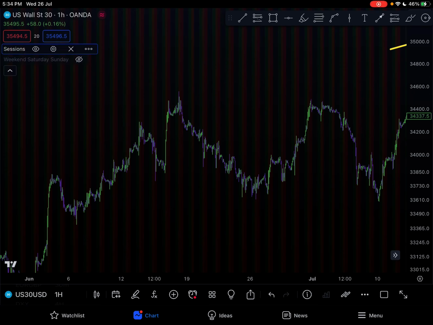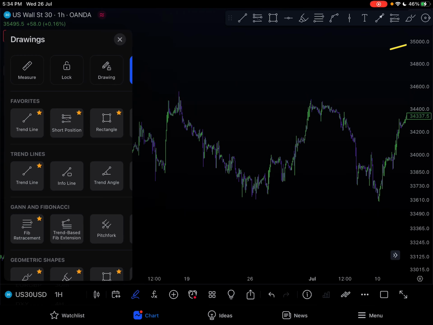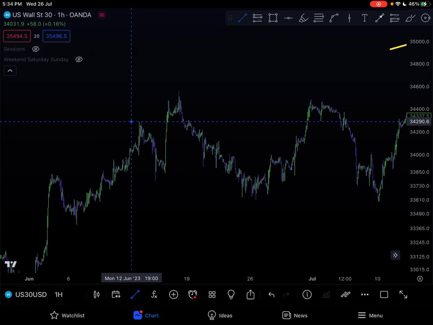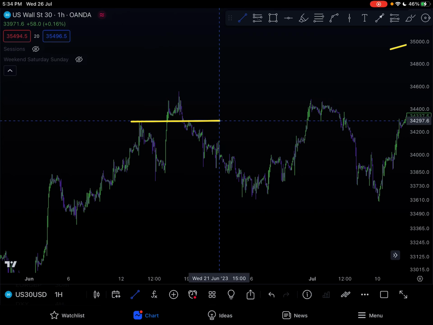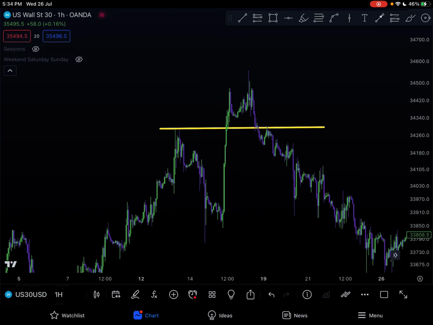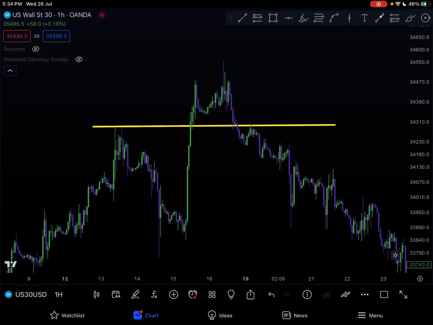Once again, let me give you an example. Old high here, right? And let's zoom into this really quick, okay? These are some of my favorite examples because they're so easy.